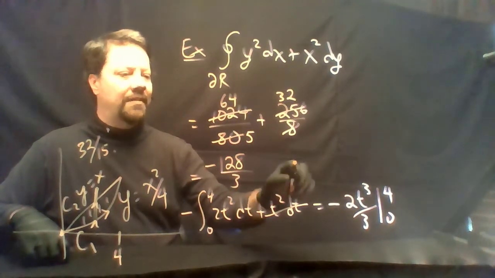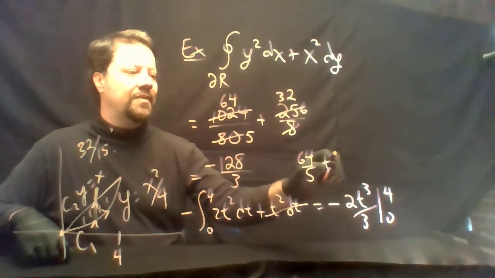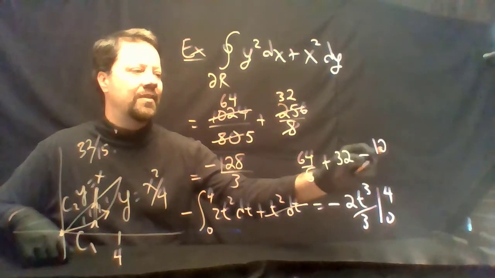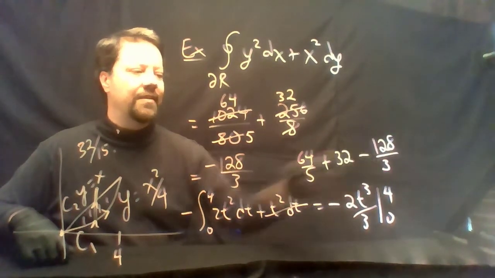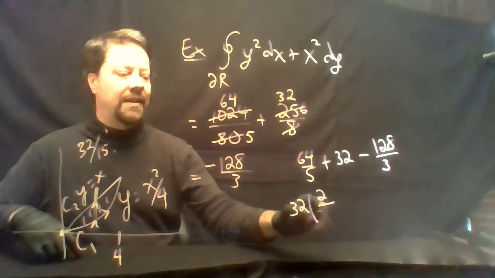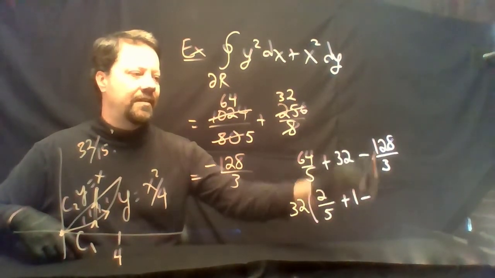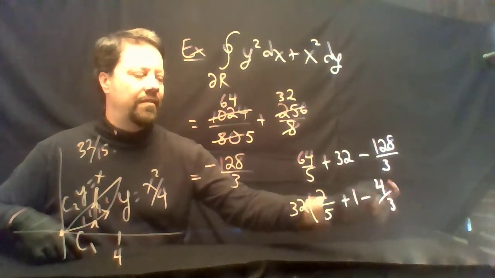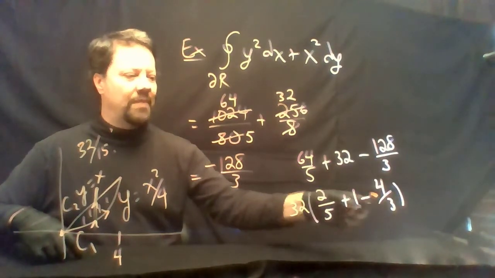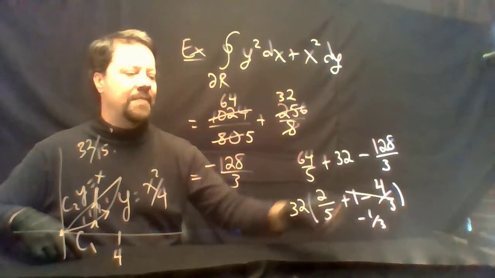We have a total of 64/5 plus 32 minus 128 thirds. Factoring 32 out of this expression, we'll have 2/5 plus 1 minus 4/3. 1 minus 4/3 is negative 1/3. That gives us 6 minus 5.